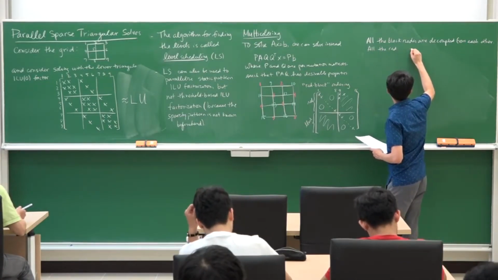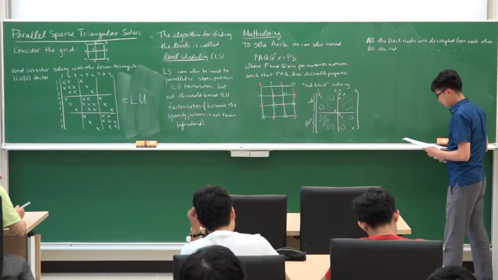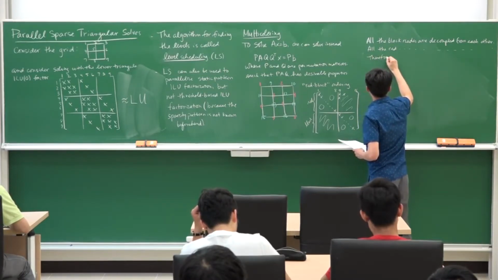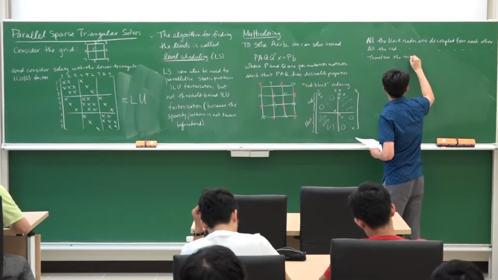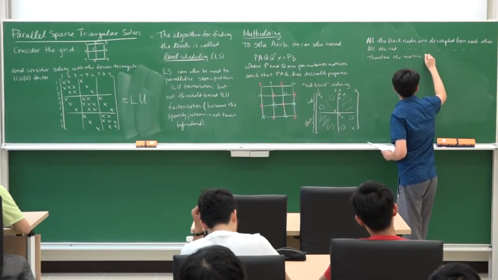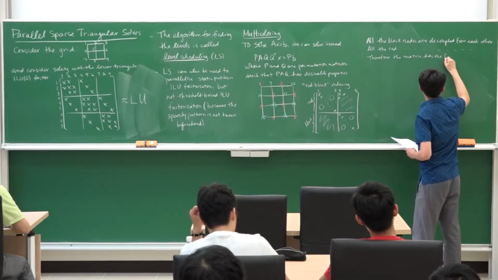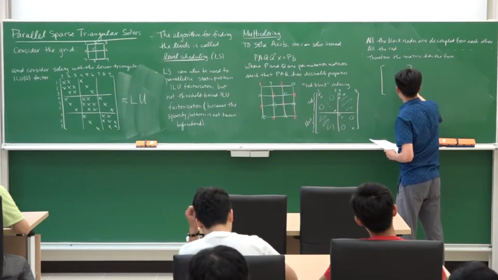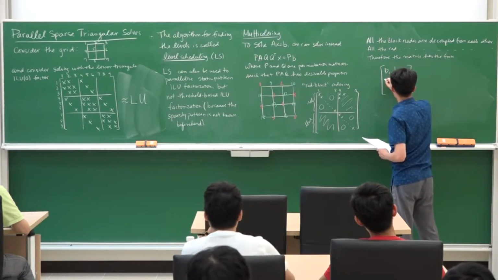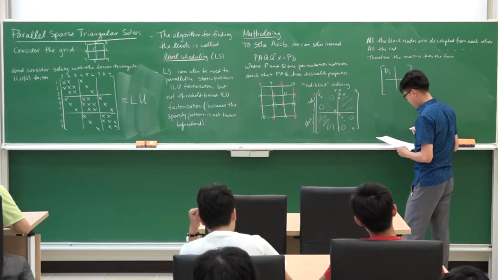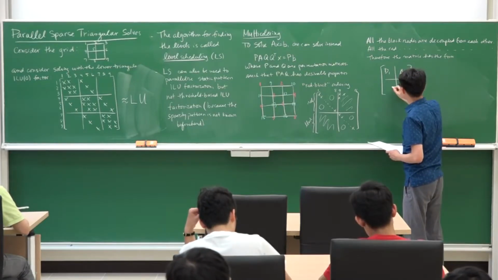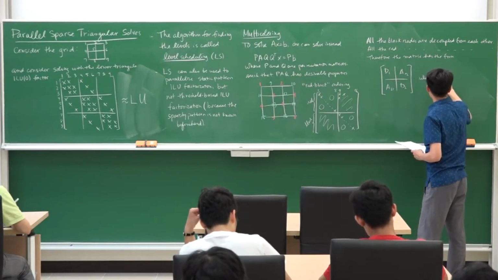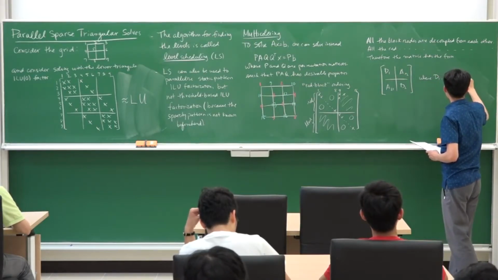Therefore, the matrix has the form D1, D2, A12, A21, where D1, D2 are diagonal.